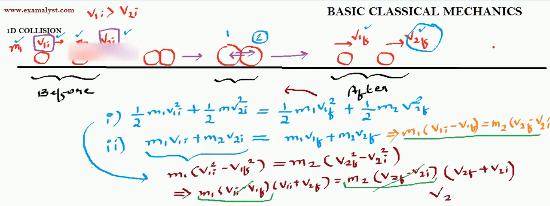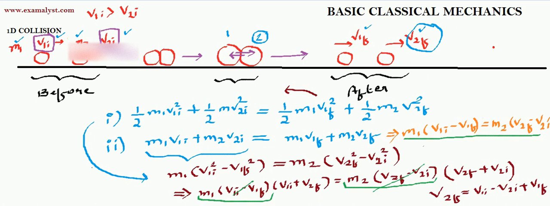Whatever we are left with says that v2f can be written as v1i minus v2i plus v1f. Agreed?